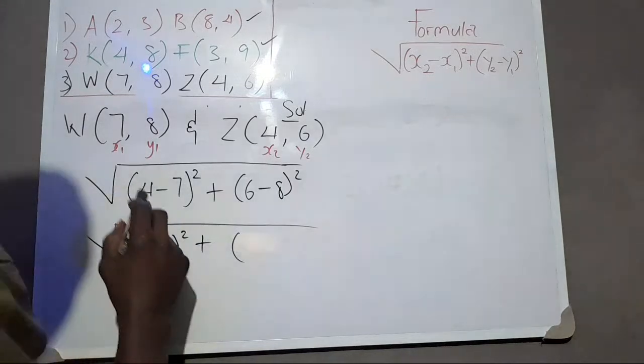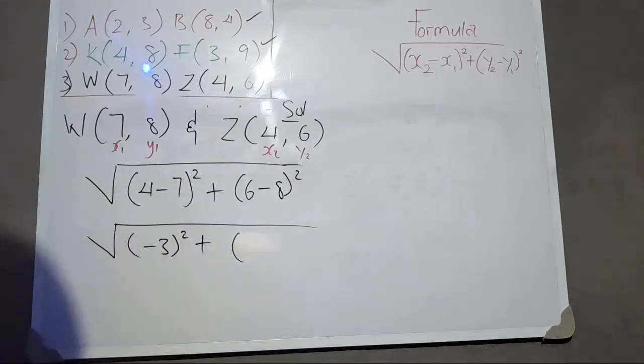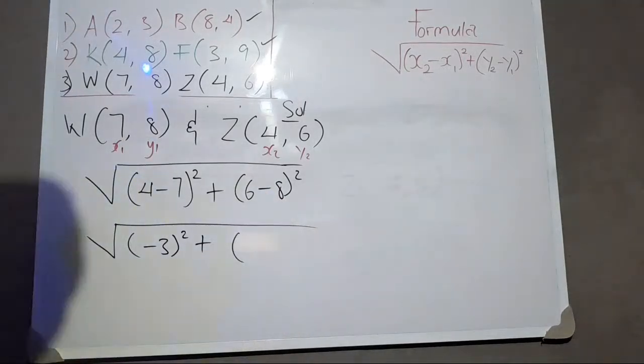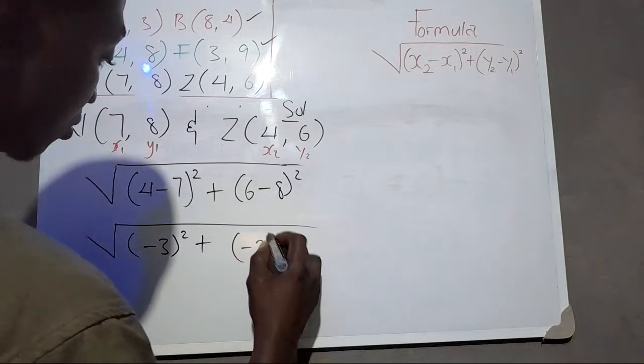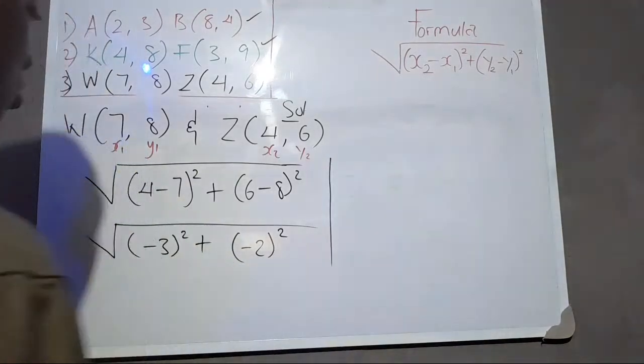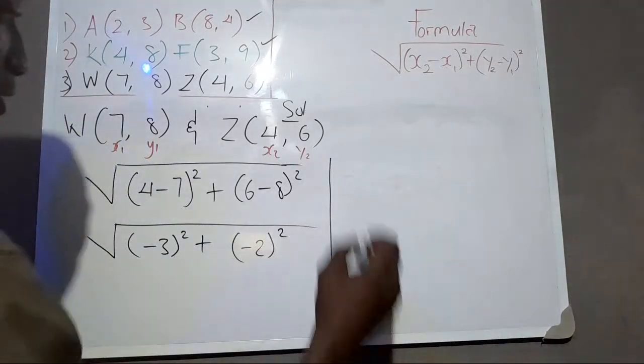So we have positive 4, negative 7, and 7 is higher compared to 4, so it gives us a negative 3. So we have negative 8 and positive 6, and 8 is greater, so it gives us a negative 2, raised part. So we are bringing this forward.